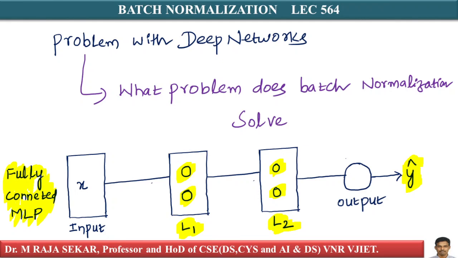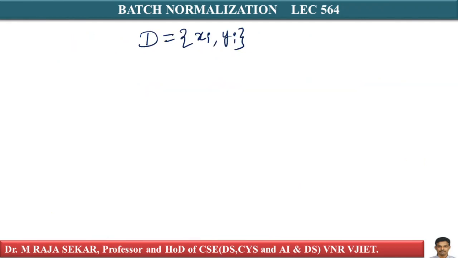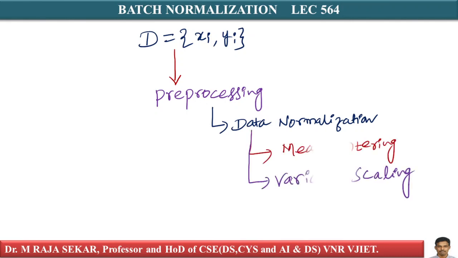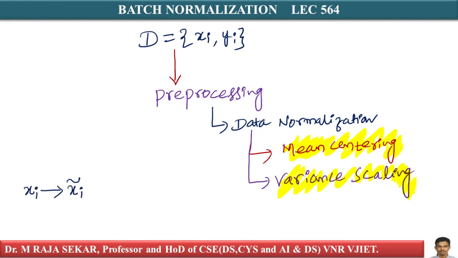Now the first thing that we always do for any optimization problem is, given a dataset D equal to xi, yi, as a pre-processing step we perform data normalization on the xi's. What I mean is mean centering and variance scaling. We modify each xi into xi tilde.